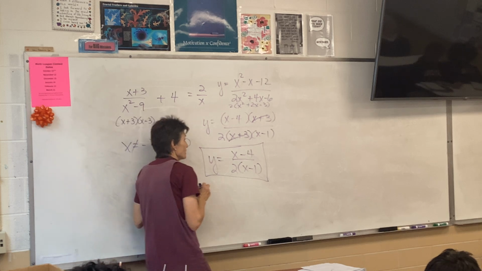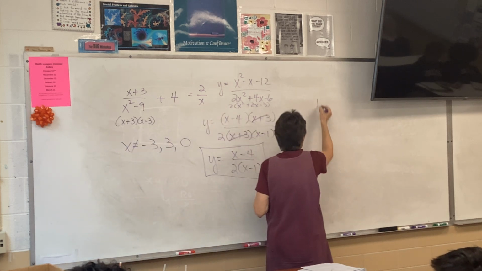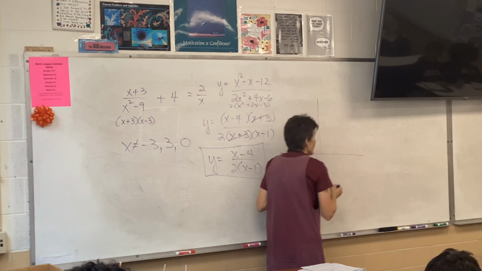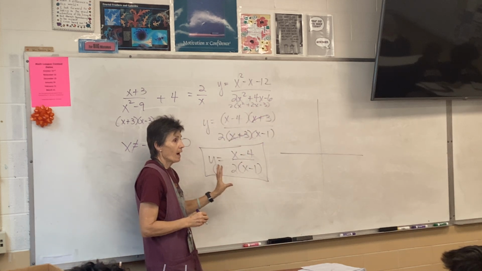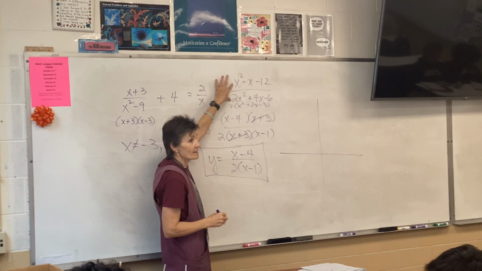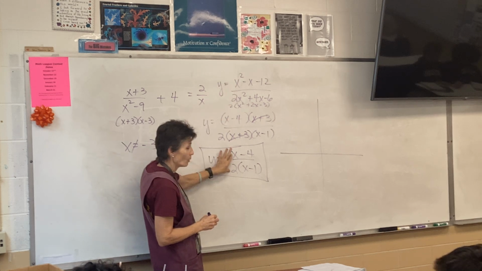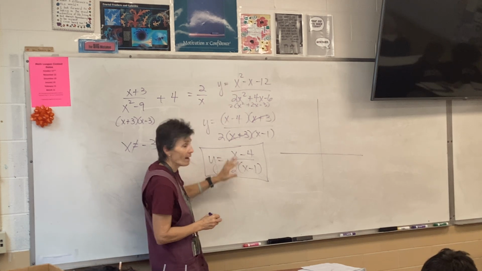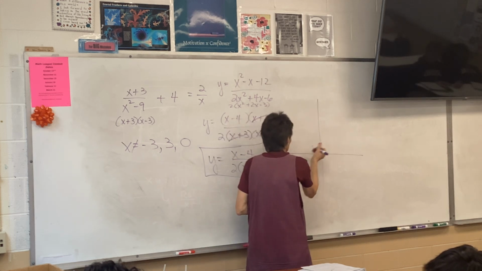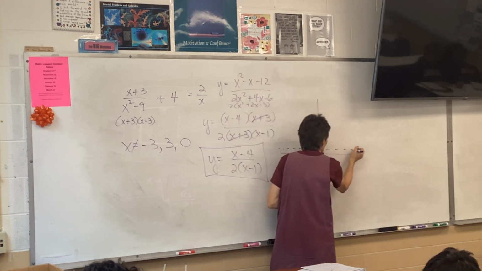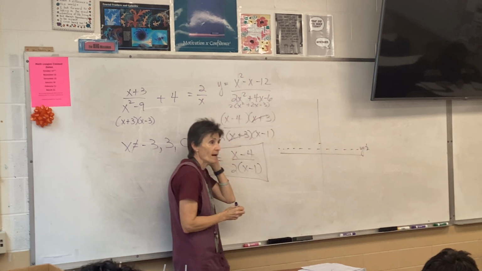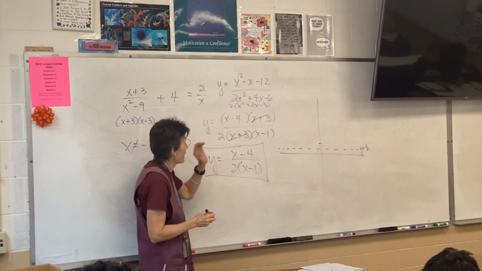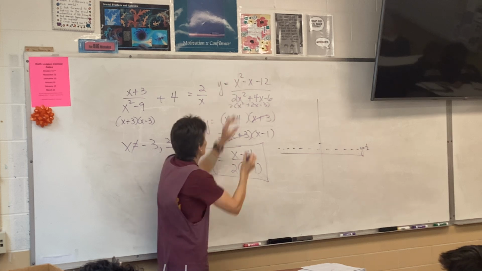Now Elijah said, I think it was him, said that even before doing all this stuff, I know my horizontal asymptote is going to be 1/2. And that's perfectly okay. You're absolutely right. You can tell that right from the beginning. So your horizontal asymptote is y equals 1/2.